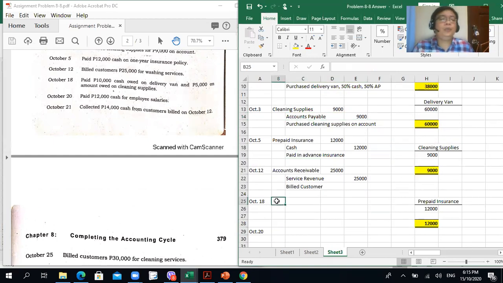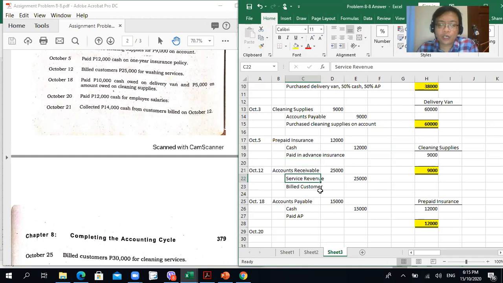October 18. What is the journal entry if you now pay your accounts payable? Debit accounts payable. Very good. So just add 10 plus 5, you have 15. And you credit cash, because you paid cash worth 15,000. Paid AP, just as a shortcut.